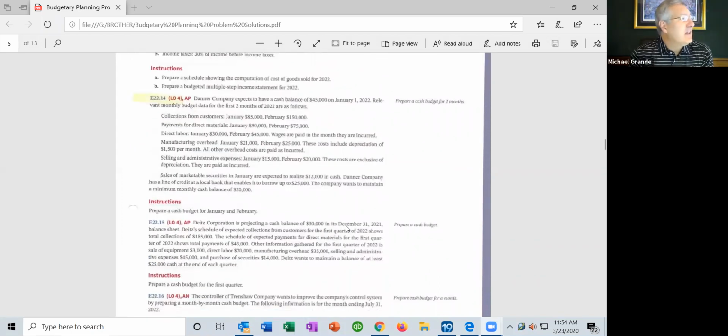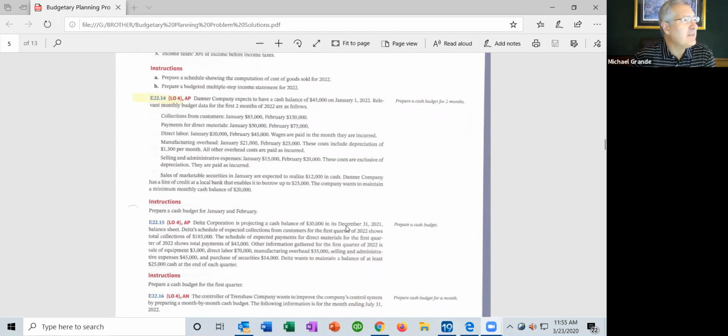And lastly, it says sales of marketable securities in January are expected to realize $12,000 in cash. Sales, that means they're going to collect $12,000 from the sale of securities. Danner Company has a line of credit at a local bank that enables it to borrow up to $25,000.